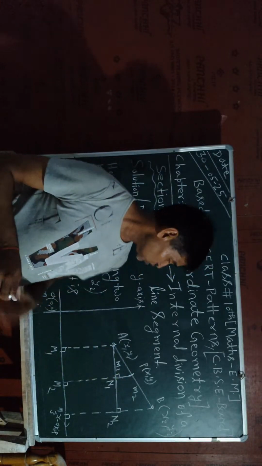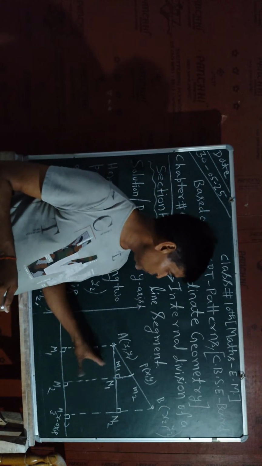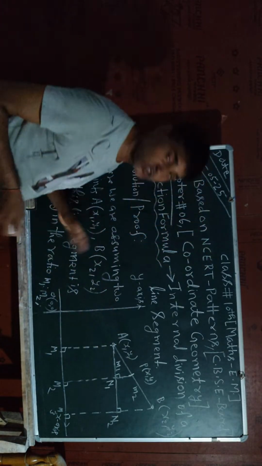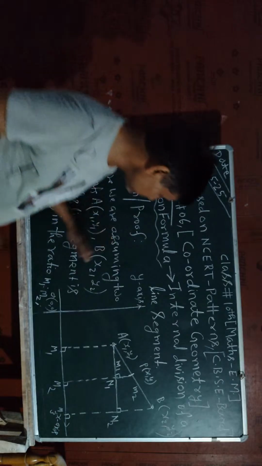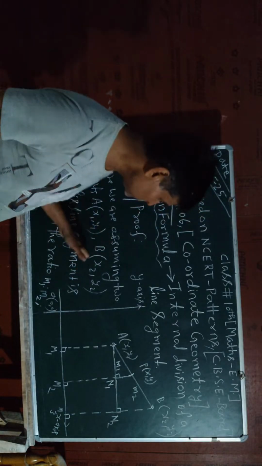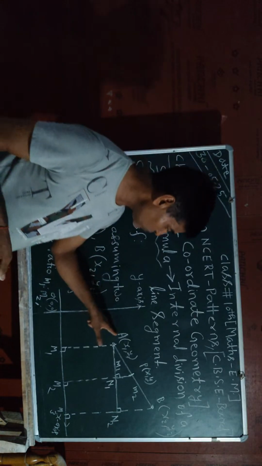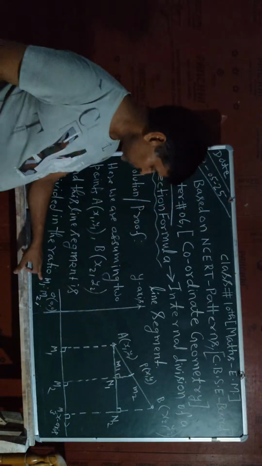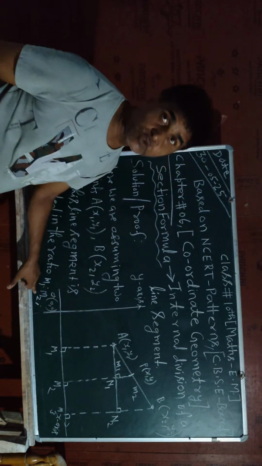Okay, students, I have assumed this information here. Assumed means suppose. One point may be A and the other point is B, and this line segment is divided in the ratio M1 is to M2. Okay, students, it is clear.